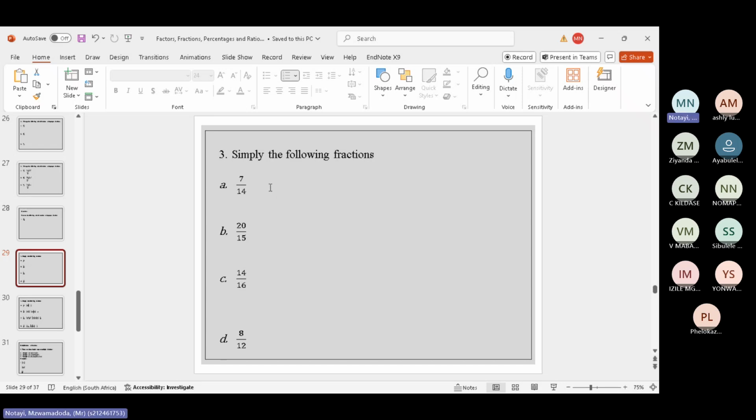Write the denominator and the numerator in their prime factors, and then cancel what appears to be the same in both the numerator and the denominator. And then whatever is left, you rewrite. So that will give you the simplified form of your fraction.